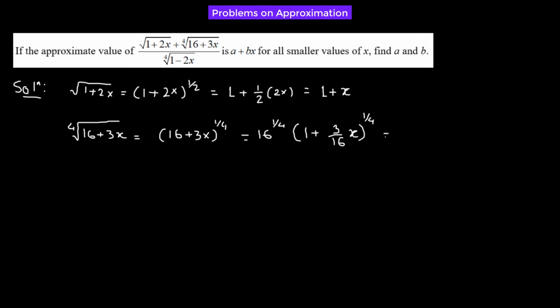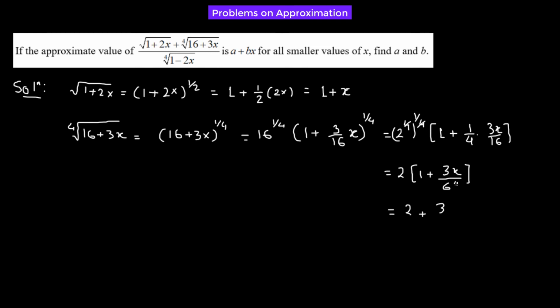So 16 to the 1/4 can be written as 2 raised to the power of 4 whole raised to the power of 1/4. Then we apply the binomial theorem. So we have 1 plus 1 over 4 times thrice x over 16. So the 4 and 4 will cancel out. So we'll have 2 times 1 plus thrice x over 64. Then we're going to distribute 2, and that will give us 2 plus thrice x over 32.